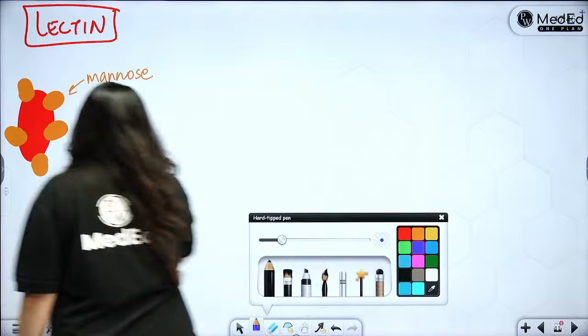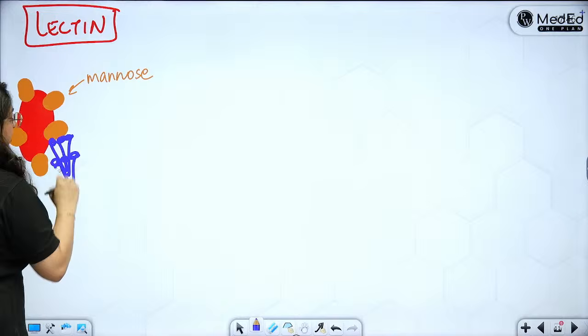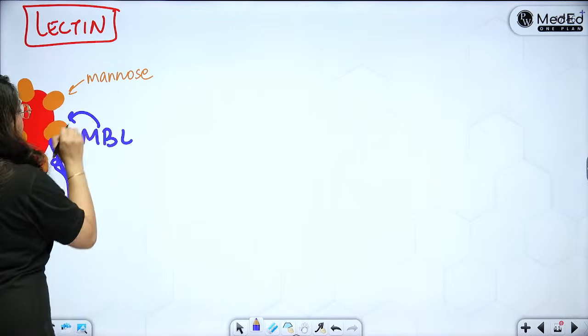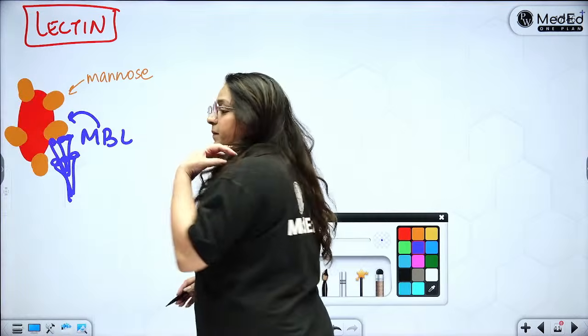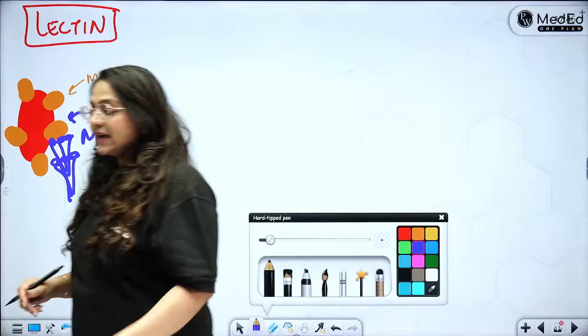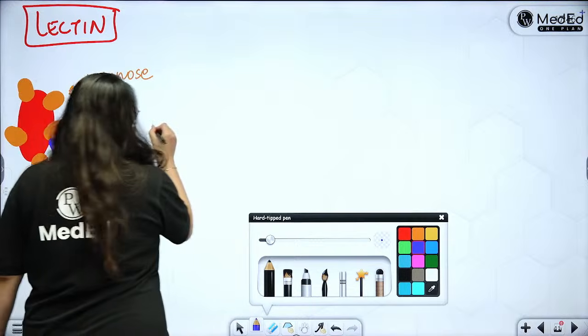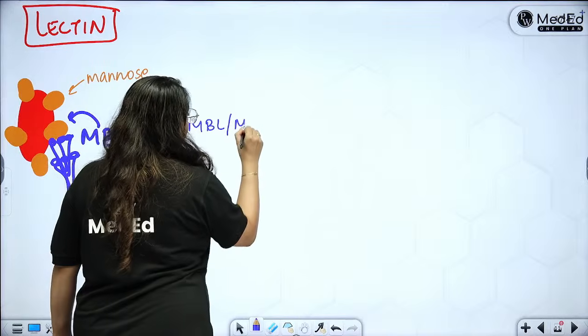My mannose binding lectin. The mannose binding lectin is going to bind to this mannose, right? Then the MASP gets activated. So when the MBL and MASP get activated, what are they going to produce? An activated MBL. So I will write that with a bar on top.